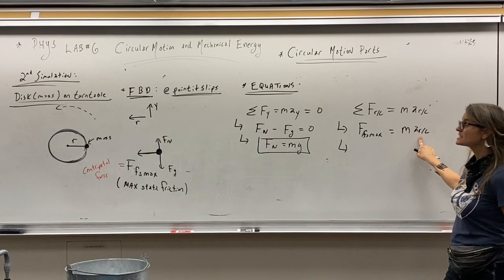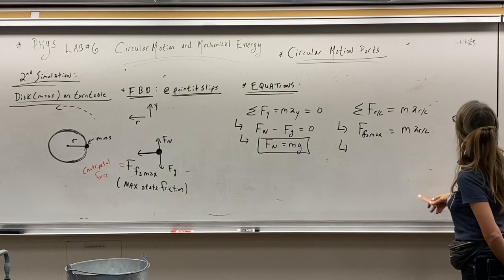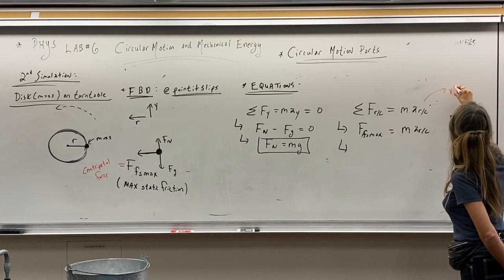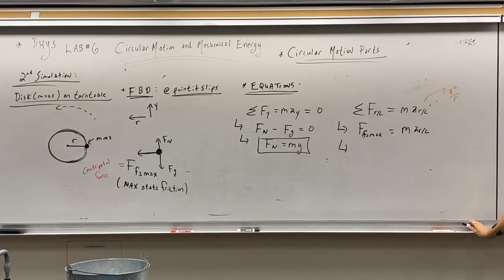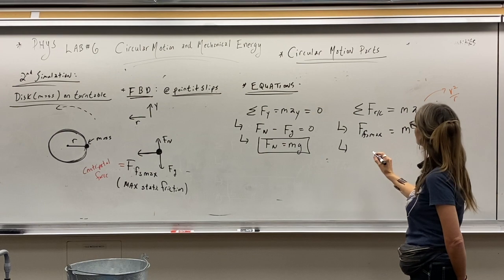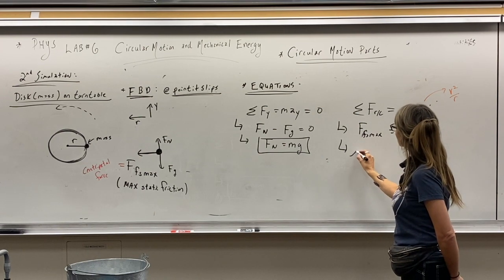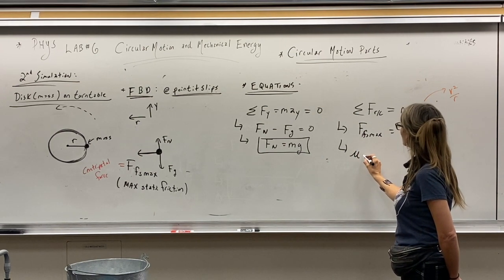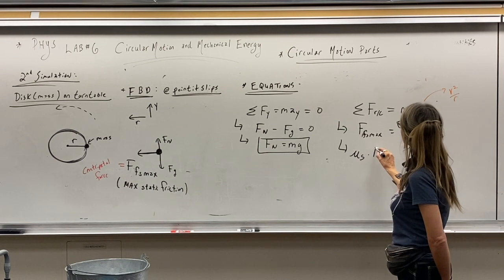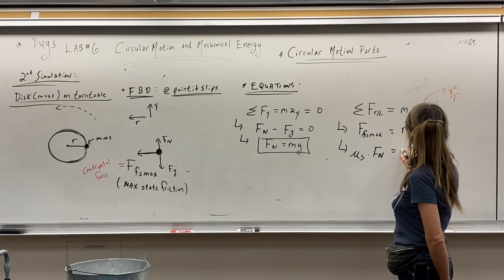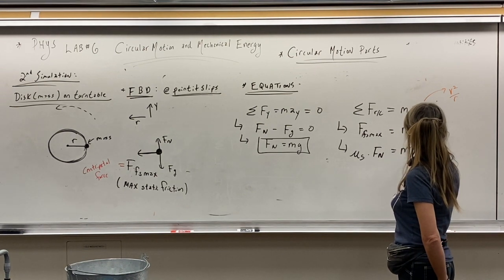This is v squared over r. So always remember, we have to substitute our centripetal acceleration as v squared over r. That's its equivalent value. So static friction at its maximum will be mu s, the coefficient of static friction, times the normal force, will equal m times v squared over r.